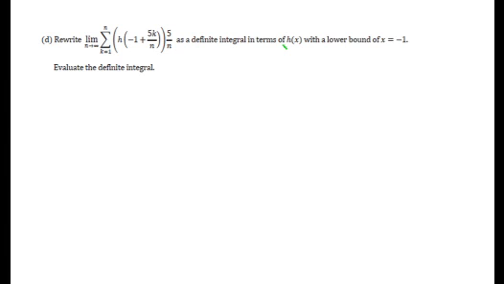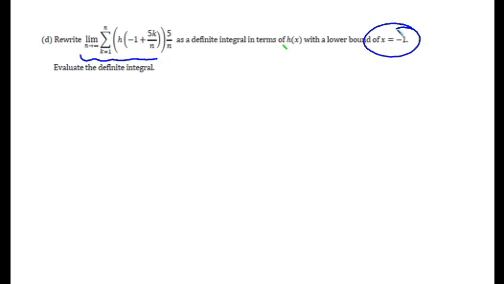Take a look at this problem, which looks a lot worse than what it is. All right, they're asking us to rewrite this thing here as a definite integral in terms of h of x with a lower bound of x equals -1.